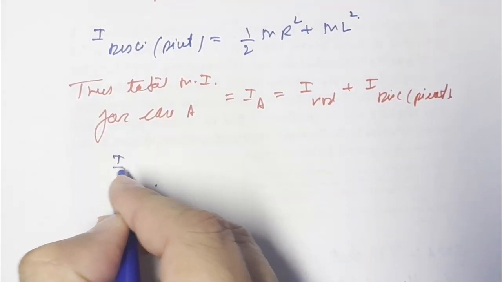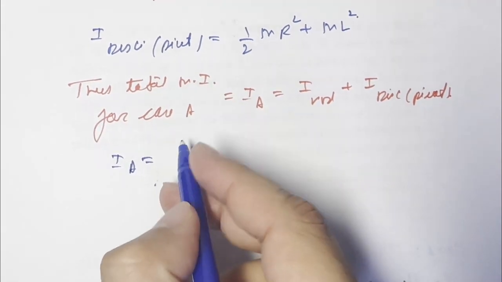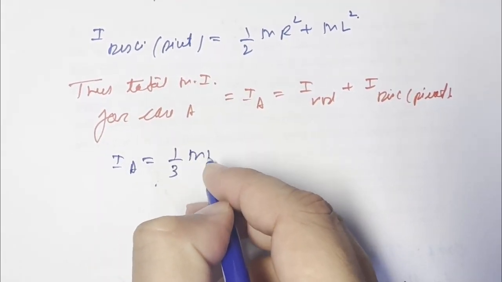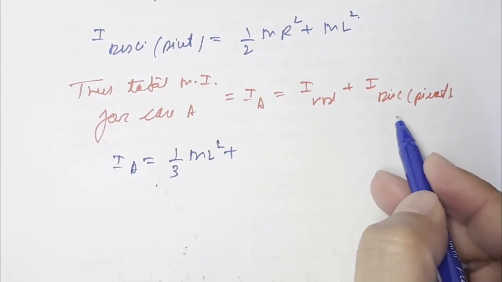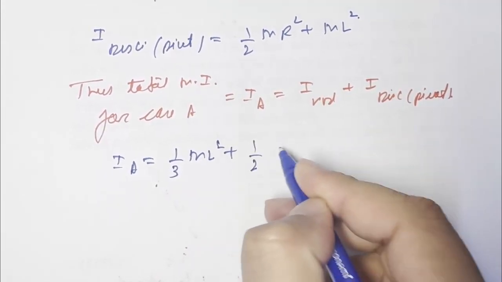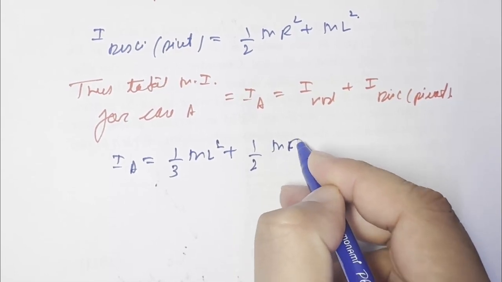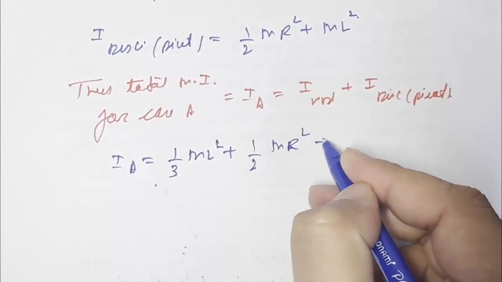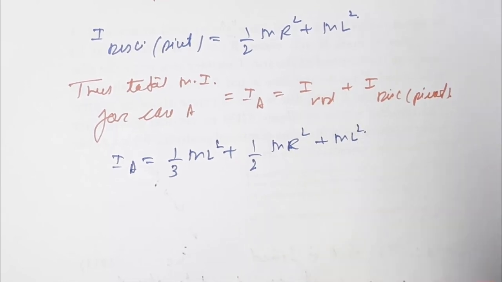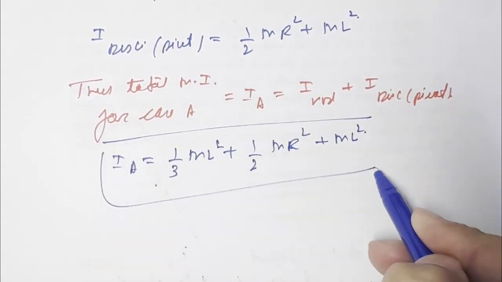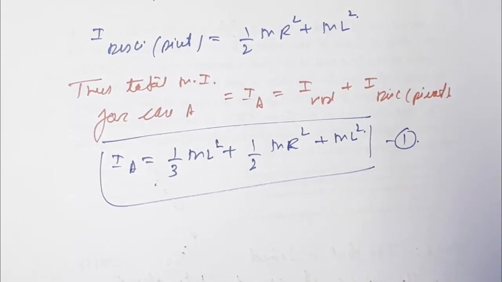So we get IA will be equal to 1/3 m l square plus half m r square plus m l square. Let us call this equation 1.